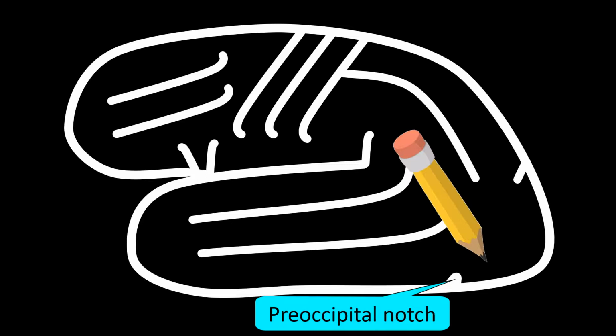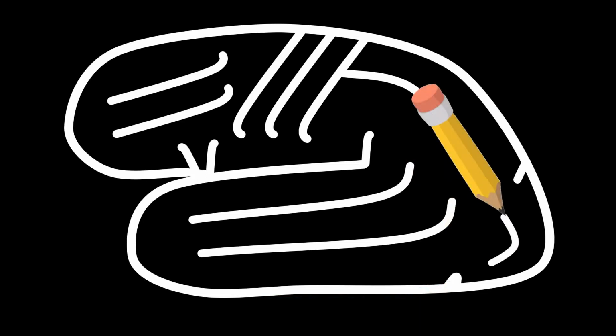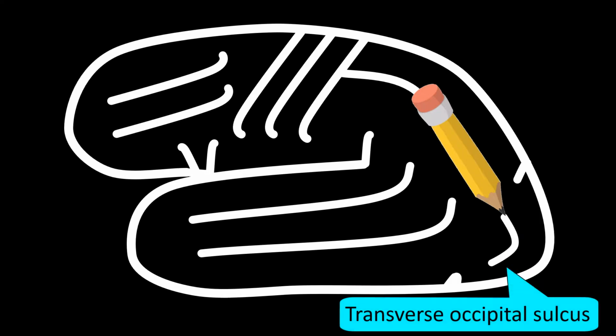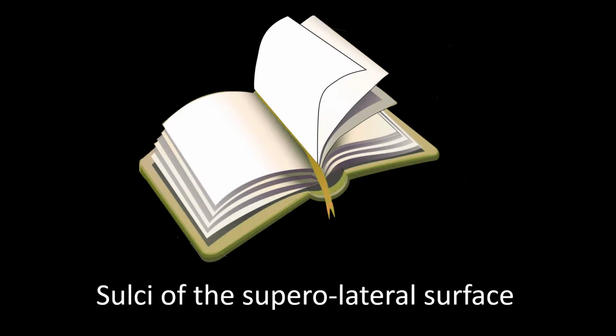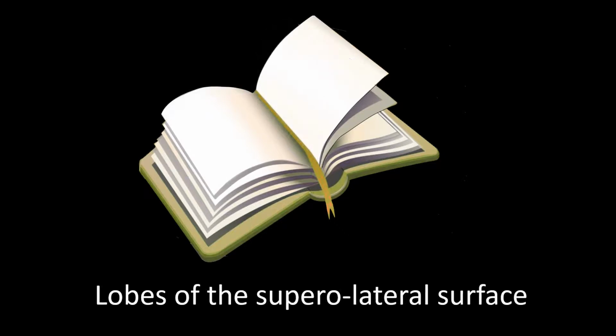Go just above the pre-occipital notch towards the occipital pole and curve a line first towards the occipital pole and then up following the edge of the occipital pole. This is the transverse occipital sulcus. So we have drawn the sulci of the superolateral surface of the brain. And we're ready to talk about lobes in this surface.